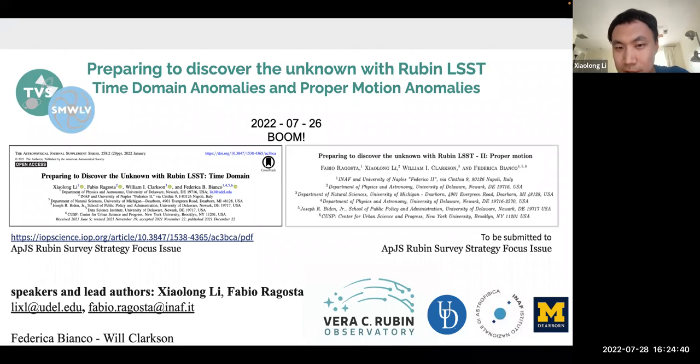It's currently being designed. How can we make sure the observing strategy does not prevent us from making new discoveries? We answer these questions by preparing two articles. The first article focused on time domain, and the second one focused on proper motion.